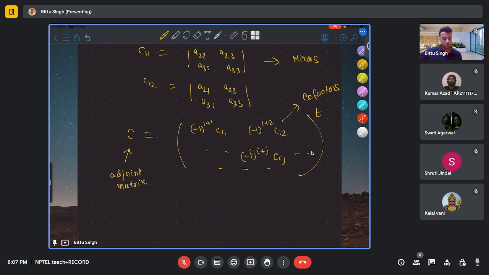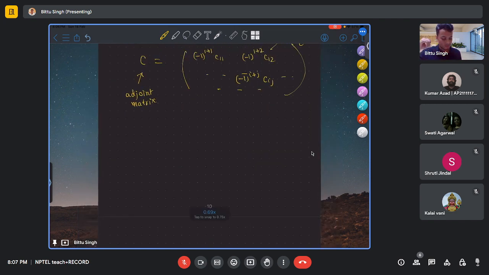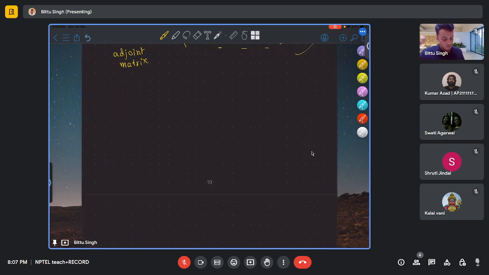Okay, so let us compute an adjoint matrix. Consider this matrix. Let A be 1, 2, 3, 4, 5, 6, 1, 1, 2. Then what will be adjoint of A?